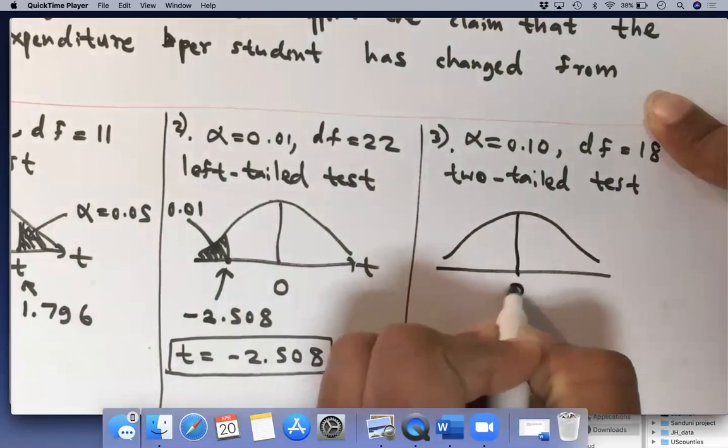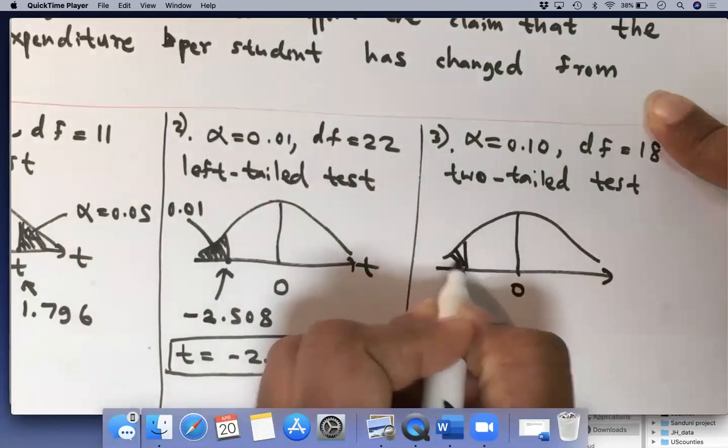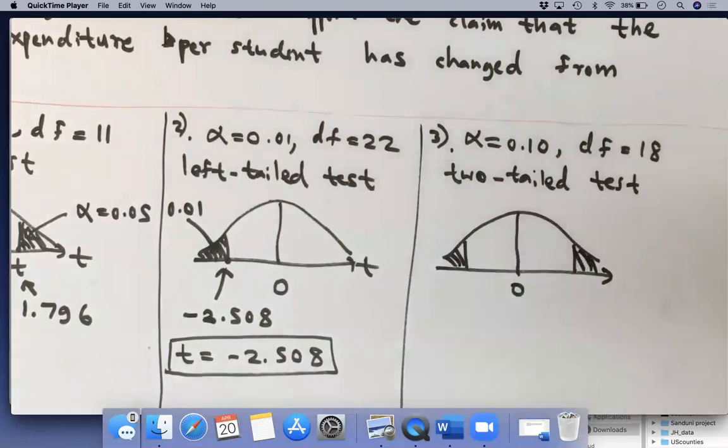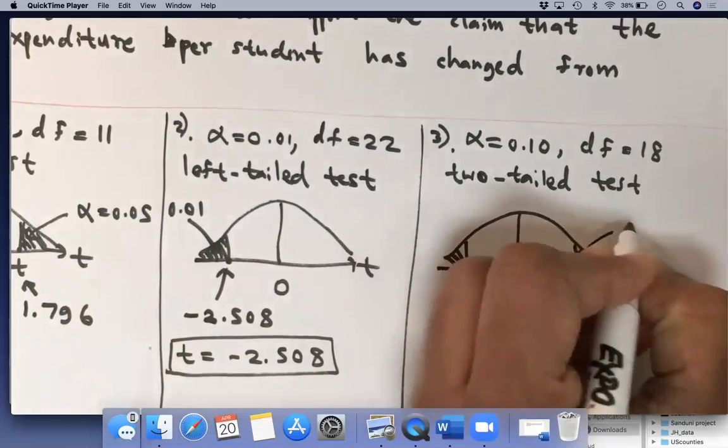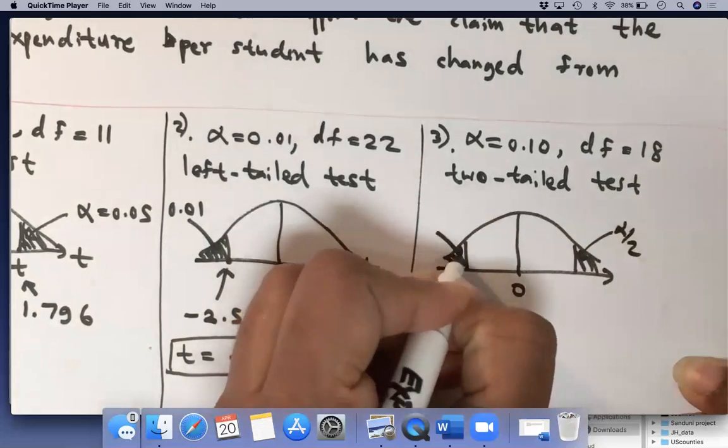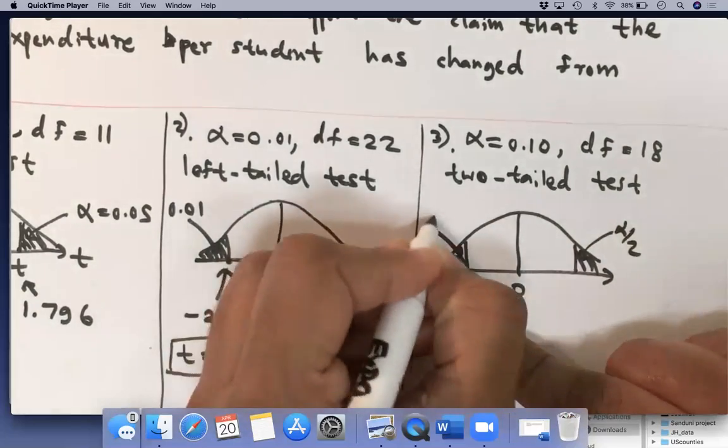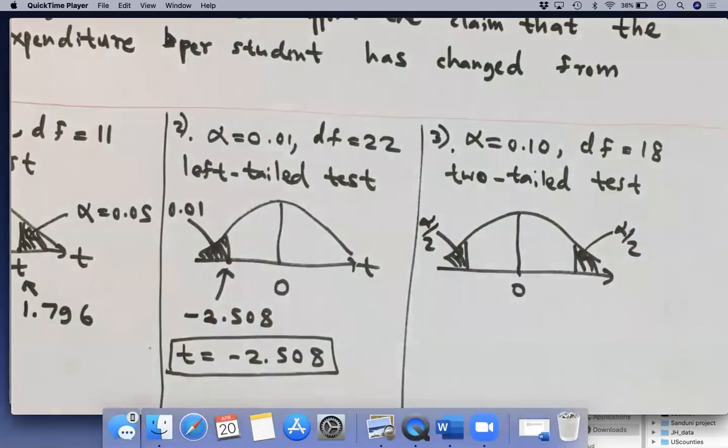It's not a one tail test. Now you have two significance levels. So this side should be alpha over 2, and this side also alpha over 2. Then now use the table, the third picture.